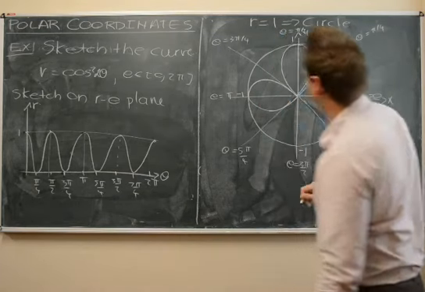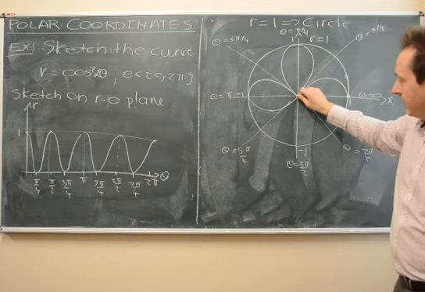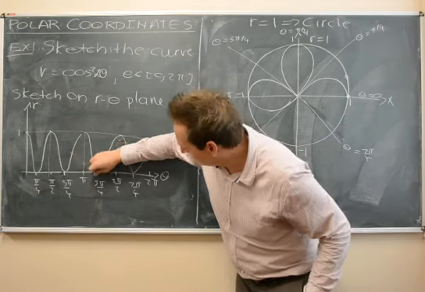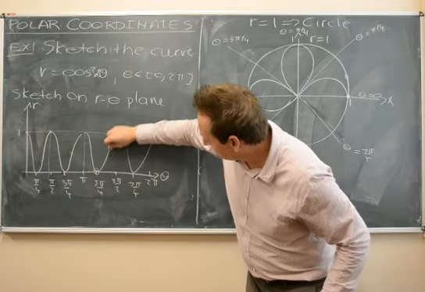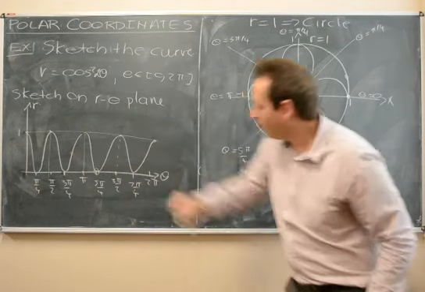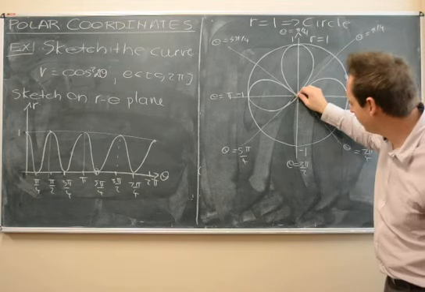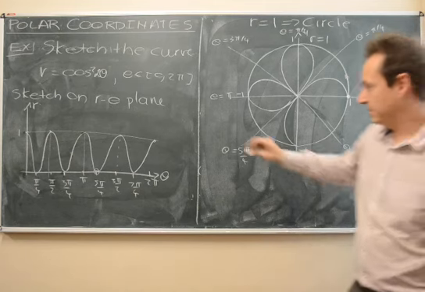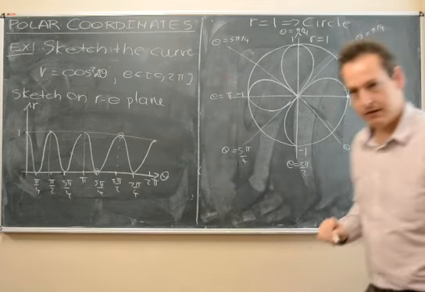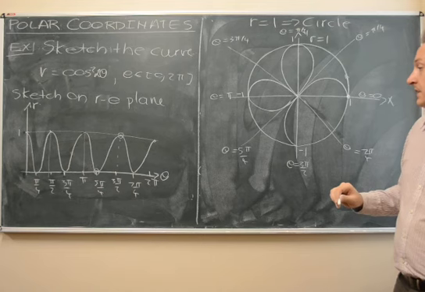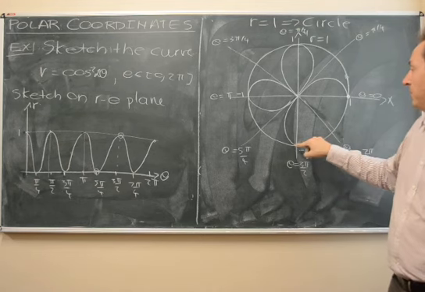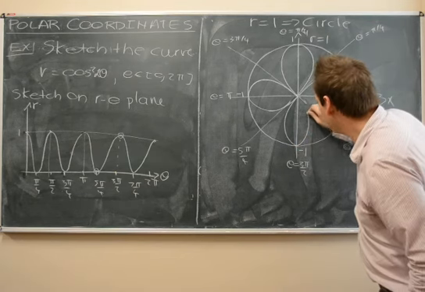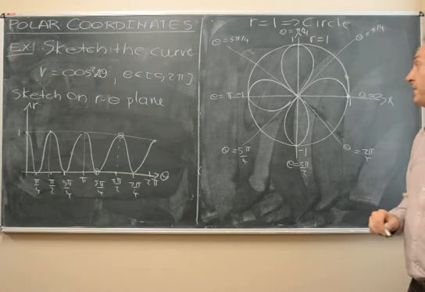Now we're at theta equals 5 pi over 4, r equals 0. And now theta increases to 3 pi over 2, r increases back to 1. And now theta increases to 7 pi over 4, r decreases back to 0, back to the origin.